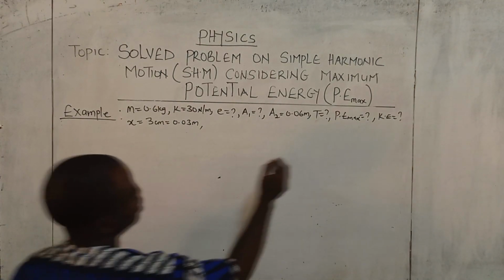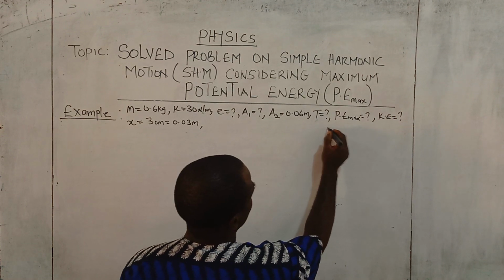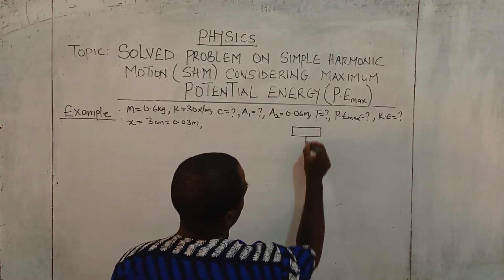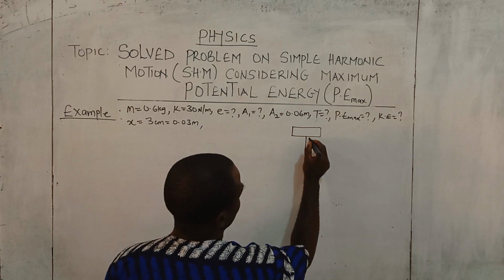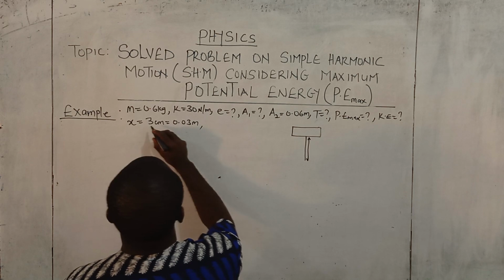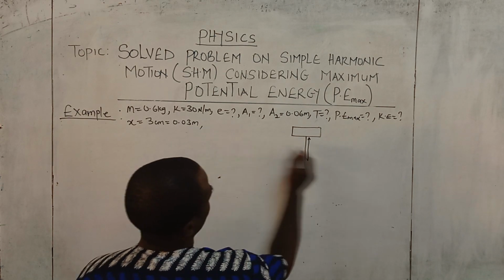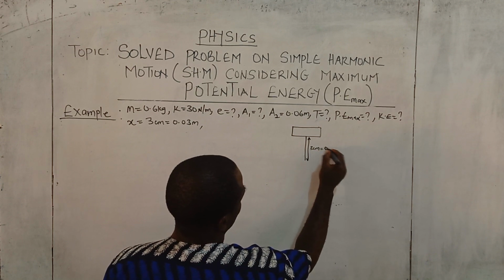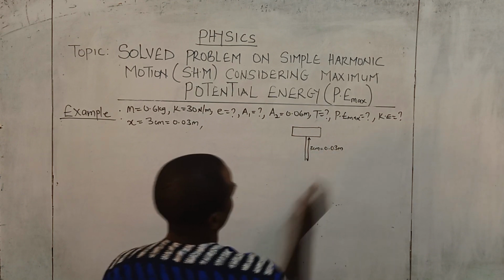Now let's analyze our diagram. The first diagram is this. This is the spring. The normal length of the spring before the mass is being hanged is 3 centimeters, which is equal to 0.03 meters.